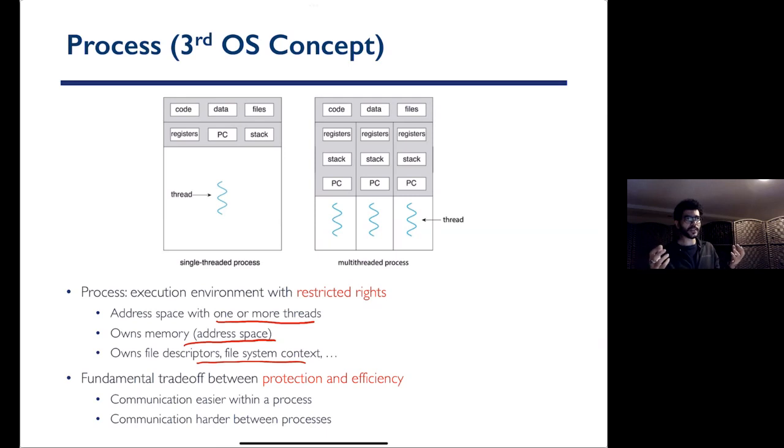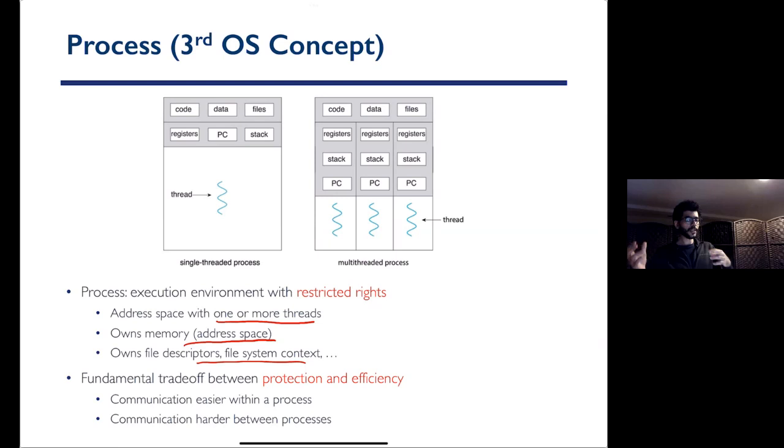Communication between processes is slow. You probably remember inter-process communication in ECE 252. You have to do file sharing or message passing or memory mapping, all of those techniques that you saw. It's time consuming. So communication between processes is hard. Context switching between processes is time consuming.